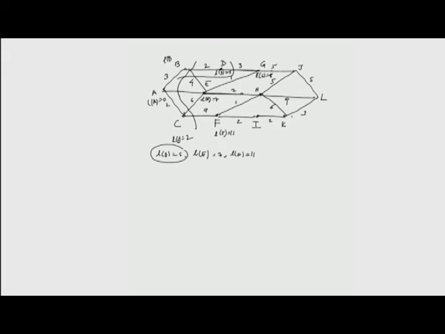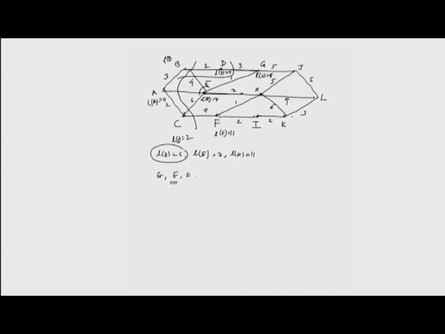And then, I will go to the next step. Now, I have to consider G, E and F, and when I consider G, E and F, then I am going to get E as the vertex with smallest level.